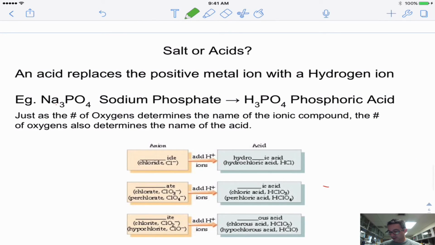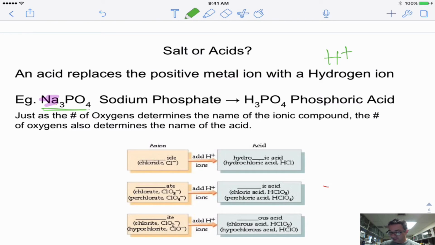Okay, so the next thing I want to talk to you about is naming acids. So with an acid, all that we're doing is we're taking an ionic compound like Na3PO4, and we're replacing the metal ion, the sodium, with a hydrogen ion, H+.